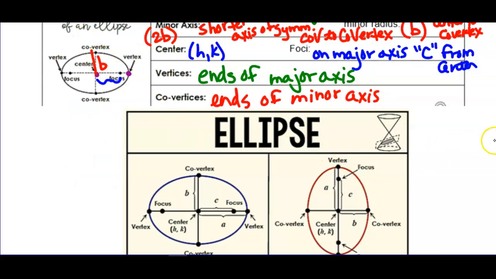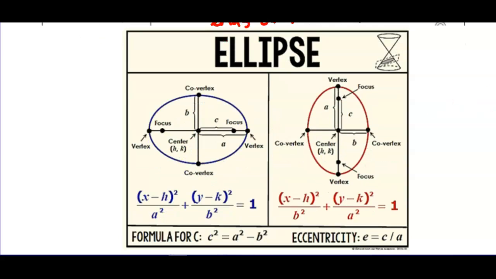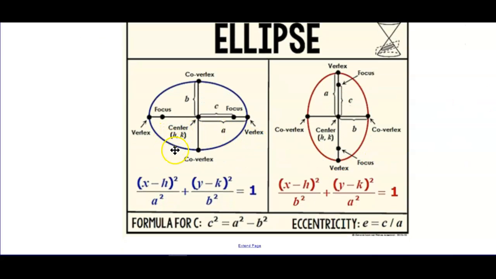Okay. So here again is a picture, and it's relating it to this equation. So let me go over this, because I think it's important you understand the concepts, not just that you can use the reference sheet. So from the center, you go out the longer distance A, or if it's a vertical one, you go up the longer distance A and down. Okay, that's the vertices.